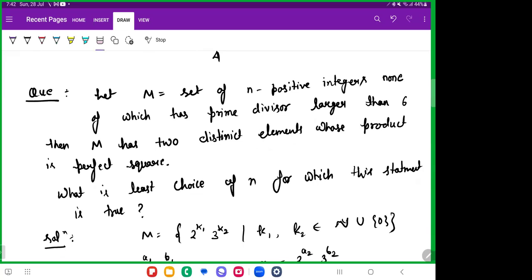I can also modify this statement in this way: in place of perfect square, make it perfect cube. Can you answer this then? Try all these things. This is a good exercise for you. I have given you enough idea in this question. So these two are exercises for you. Try to do that at home and let me know if you have any doubt in the next session. We can discuss it there.